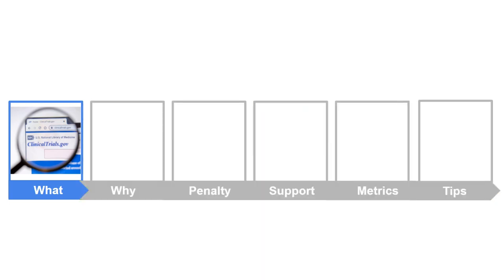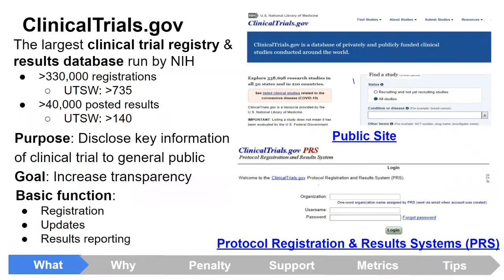So let's review what ct.gov is. It is a clinical trial registry and results database run by the National Library of Medicine at NIH. There are two interfaces. One is the public interface on the top. Anyone can look up a trial for any reason. The other interface is the Protocol Registration and Results System, or PRS, which requires a university-specified login.